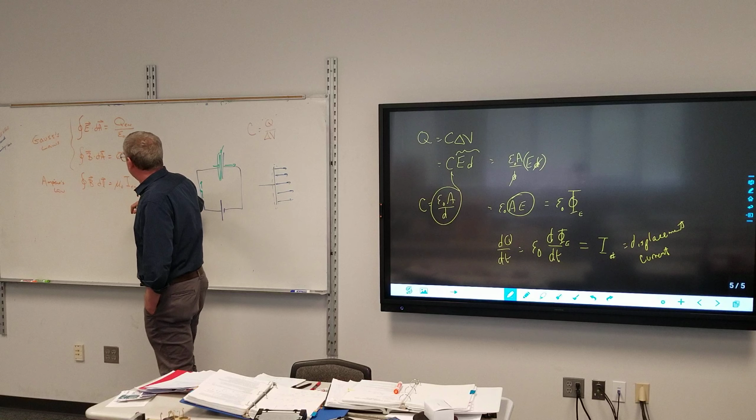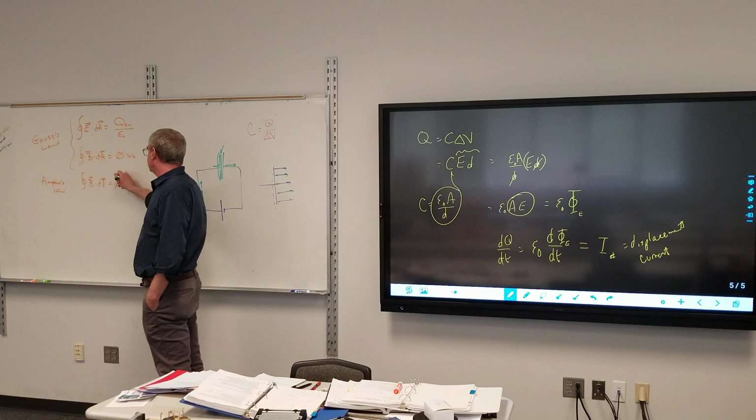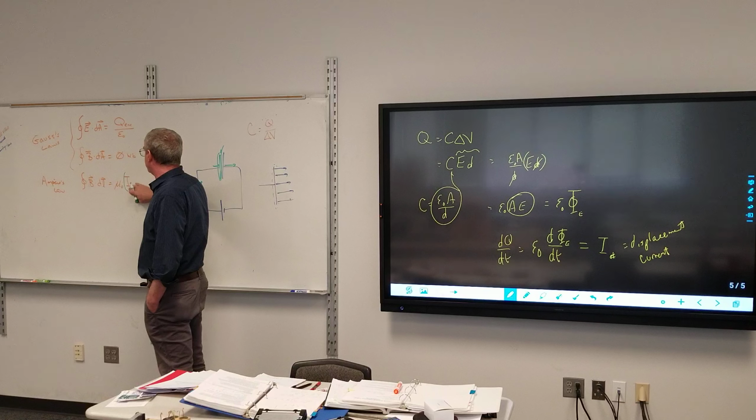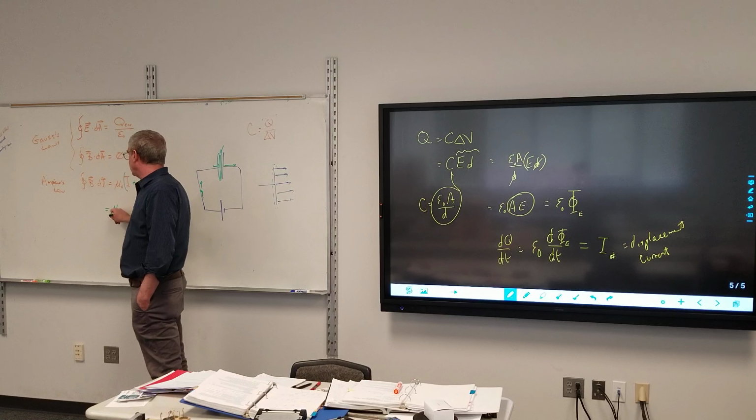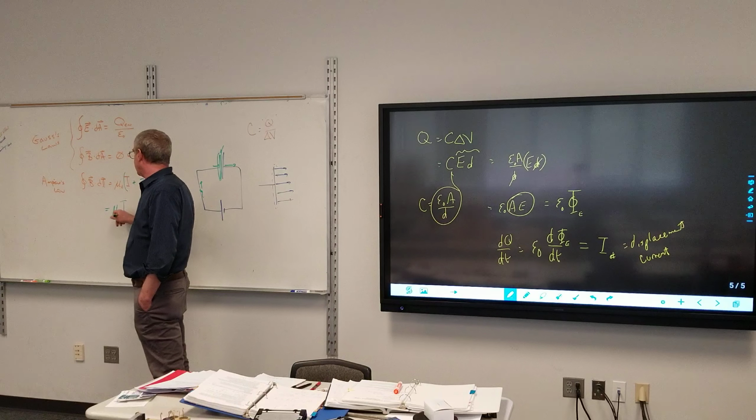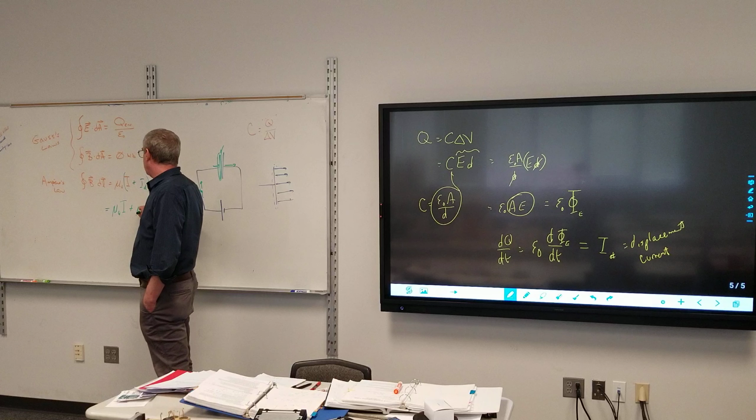And so Ampere's law gets adjusted here. When we're talking about current, we have our traditional current plus this displacement current. And so sometimes it's written as that, sometimes it's written as mu naught I plus mu naught epsilon sub naught d phi E dt.